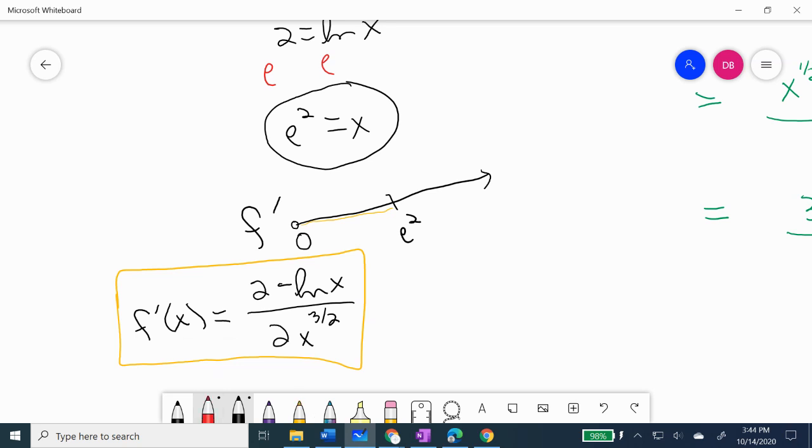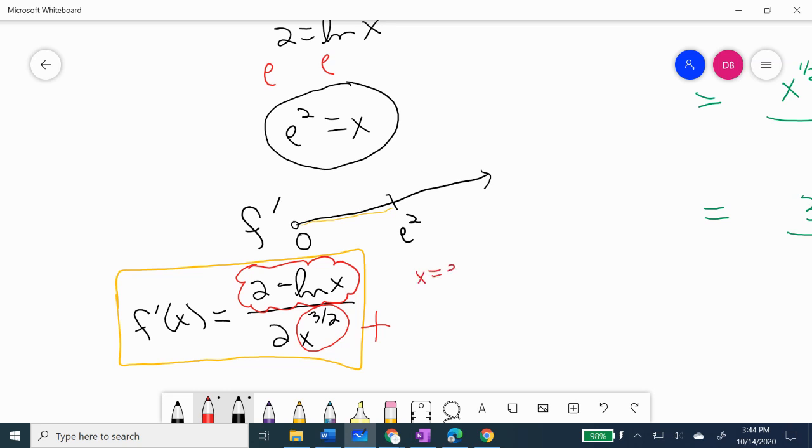The domain is positive numbers only, and this denominator is positive at all times, so ignore it when it comes to finding the sign of f prime and focus on just the numerator. Now, what would be a nice number between 0 and e squared that I can plug into natural log? That would be e. E is a good test number.